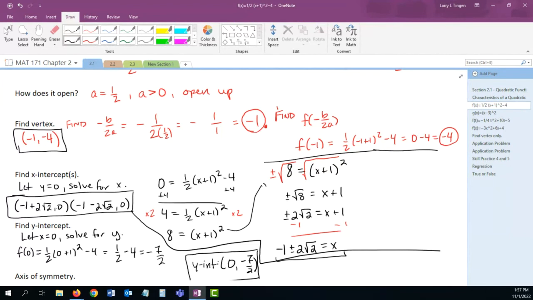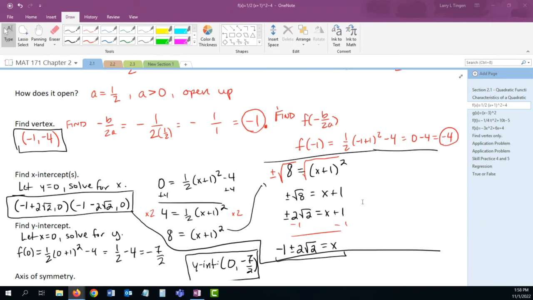Numerically, 2√2 is 1 and some change. So then subtract 1: 1.828, and then -3.828.